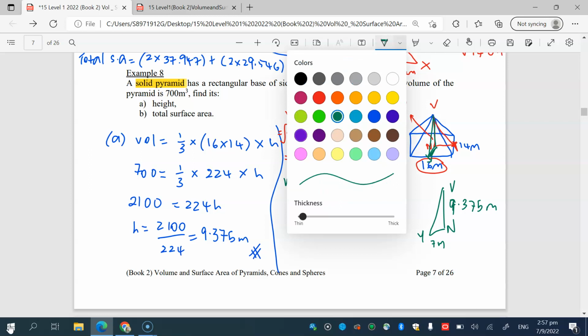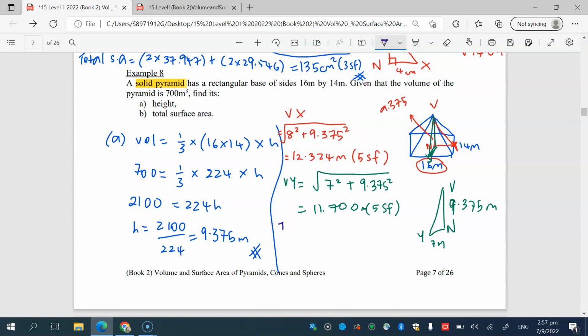So the total surface area will be 2 times half times base times height, where if your base is 16, your height will be Vy, which is 11.700, then plus 2 times half times 14 times Vx, which is 12.324, plus you still have your rectangular base, which is 16 times 14.